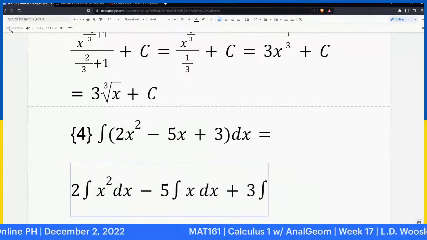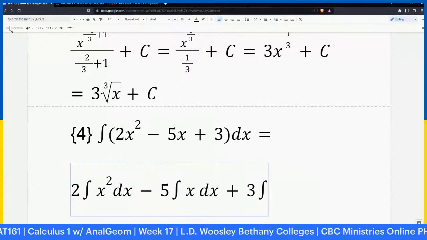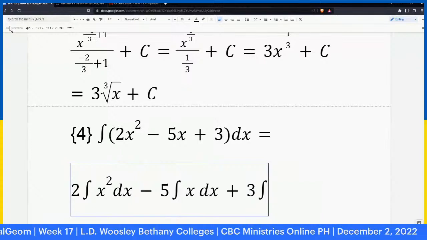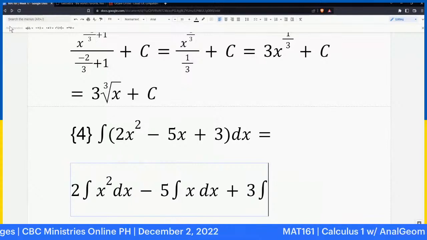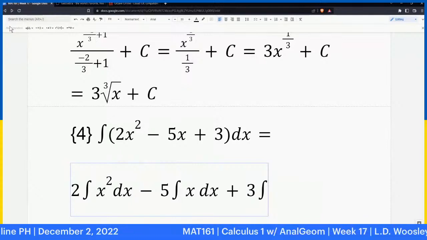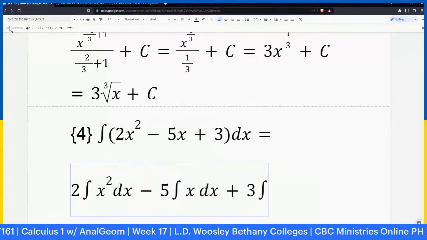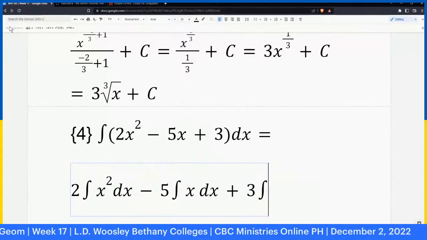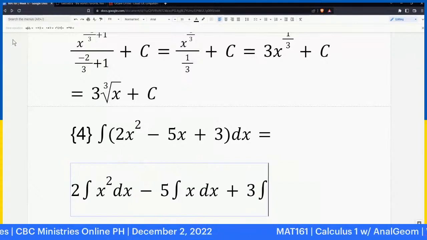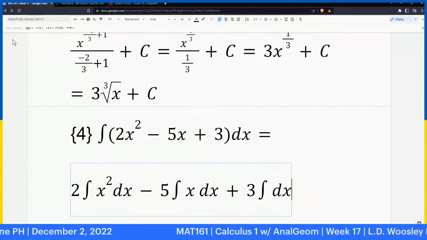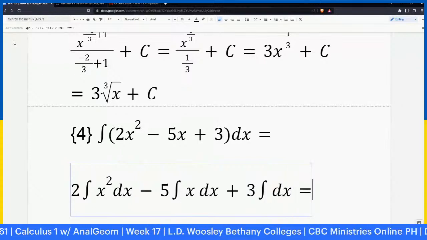Nora. Pinalabas ko na rin si 3. Ano na naiwan na lang sa loob? 2x squared po. Hindi, itong 3 lang. Ano na naiwan sa loob ng 3 integral of dx na lang, dx. Okay? Kasi yung constant, binabas mo na. Ay, kala ko kasi nasa parentheses po.